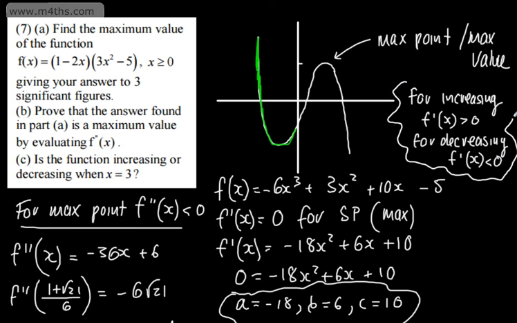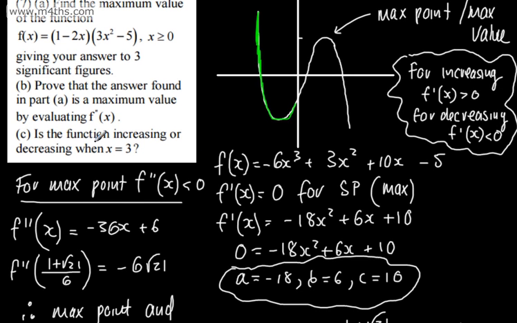All that's saying is if we evaluate the gradient where the x-coordinate is 3, then we'll be able to see whether it's an increasing or decreasing function. That is, the tangent to the curve at that point is either going to have a positive or a negative value. So if we do f dash of 3, all I'm going to do is simply substitute in 3 into here.